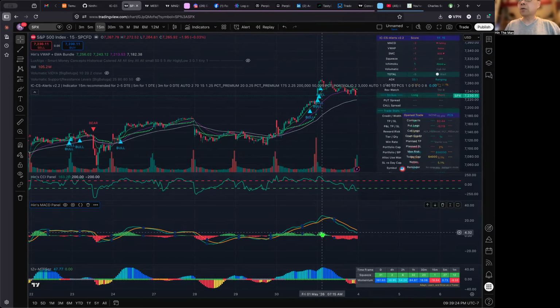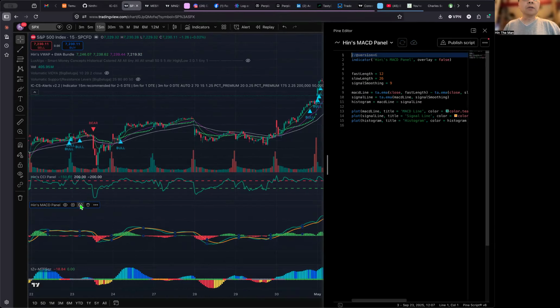So once again, you go to the code, right? Simple. The fast length, which is the green line, is 12. The slow length, which is the orange, is 26. The signal smoothing line is 9, and that is the volume signified by the histogram.